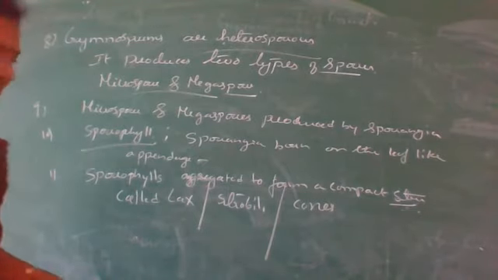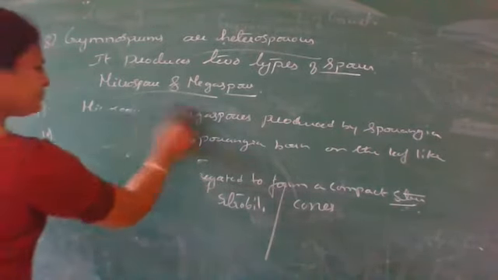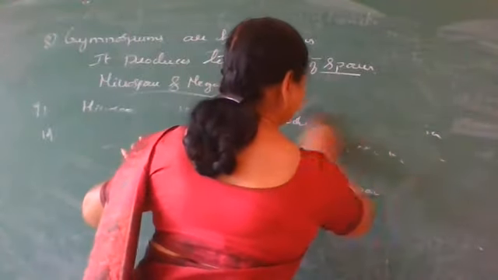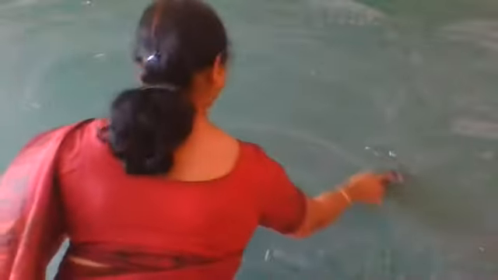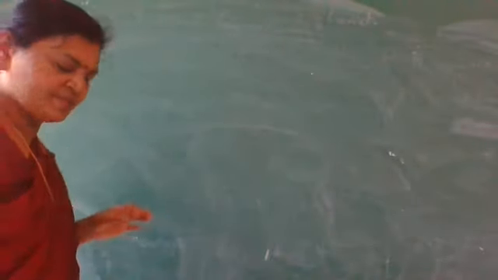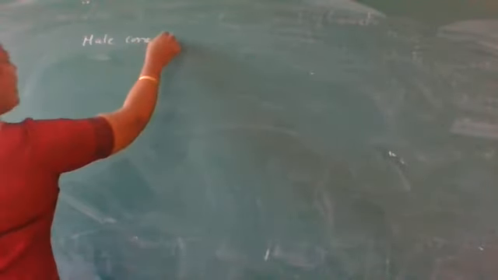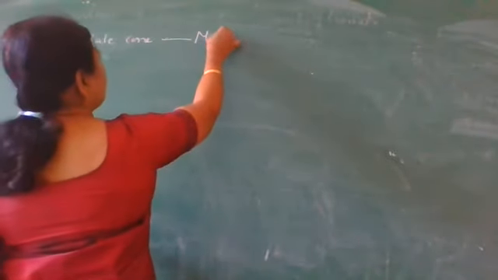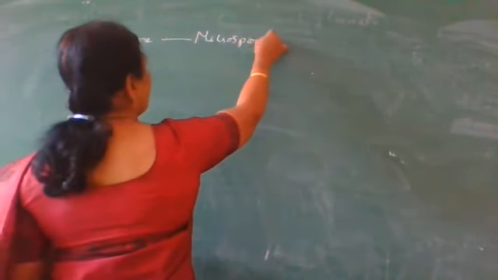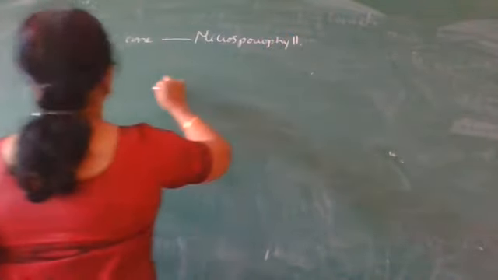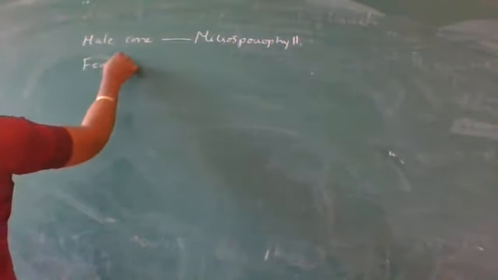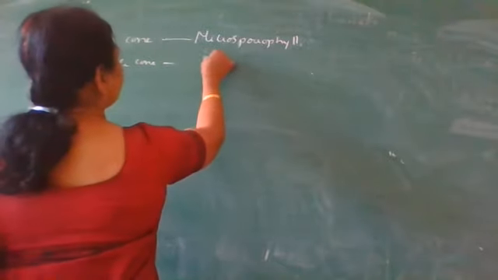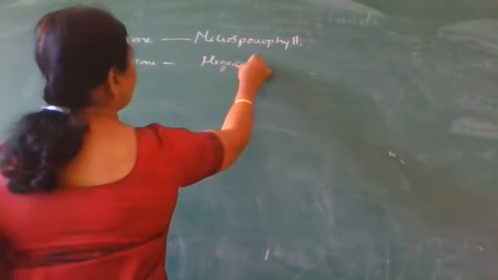So the male cone has microsporophyll, and the female cone has megasporophyll.